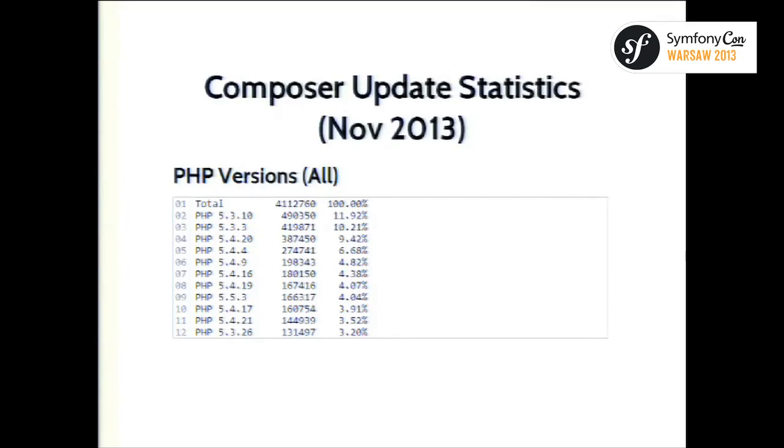So these are extracted from, again, those get slash packages.json. So it means it's only people using Composer, and it's only on machines that actually do updates, right? So it's not exactly representative of anything real, I guess, but it's a number and it's still interesting. There we clearly see the problem of 5.3.3, that's Ubuntu stable, the last one, and 5.3.10.